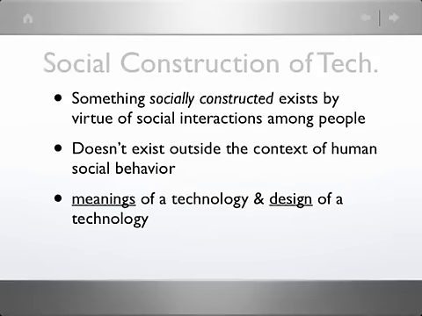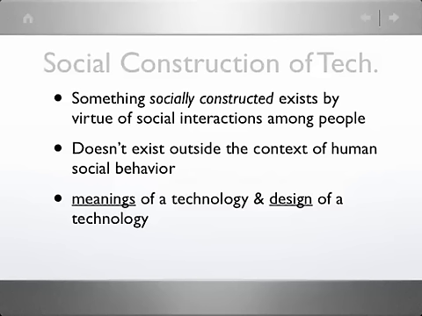So two of the things that are prevalent when we're talking about the social construction of technology are meanings and design. In each of these areas, there is a variety of possible meanings, and there's a variety of possible designs for a technology.